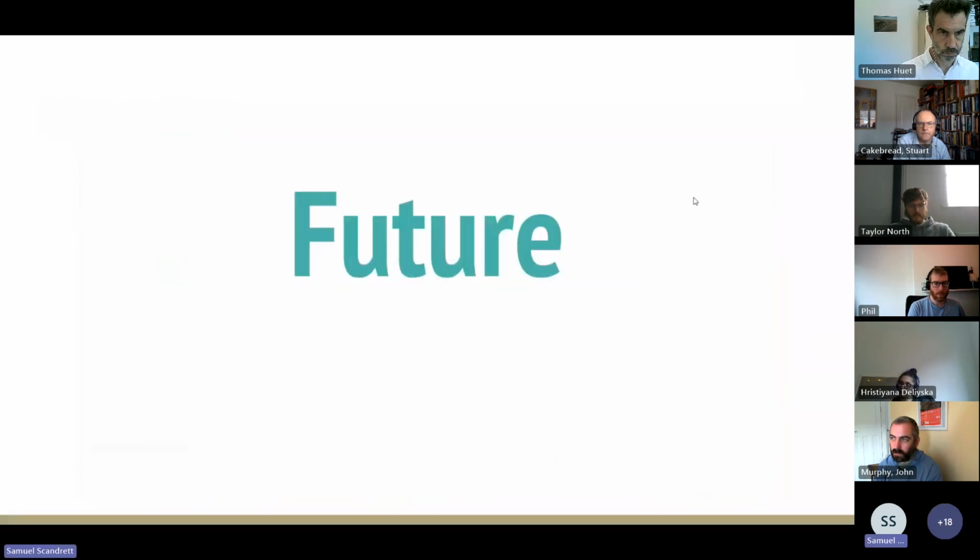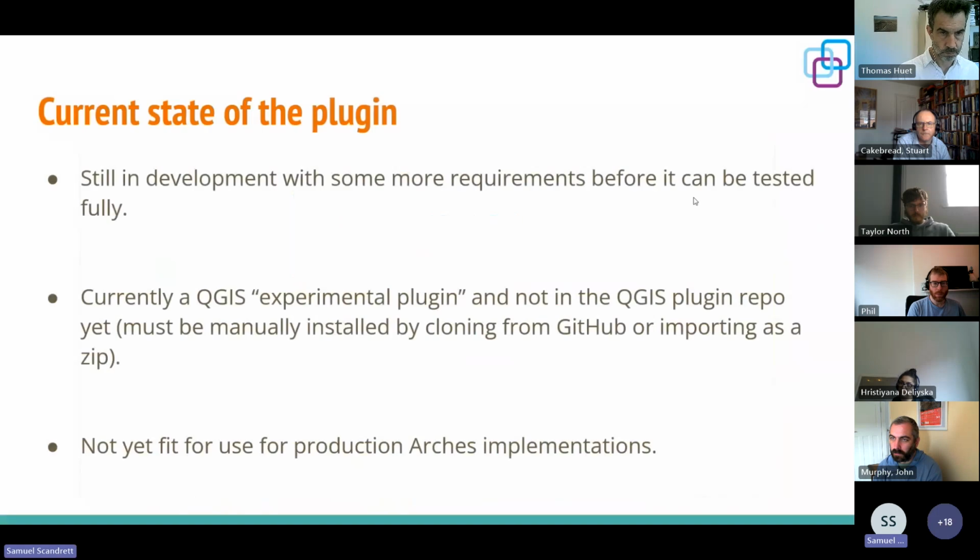And speaking of the future, currently this plugin is still very much in development. We want some more features in there. It's got more requirements before it can go further. It's selected as an experimental plugin, so it's not in the QGIS plugin repo.